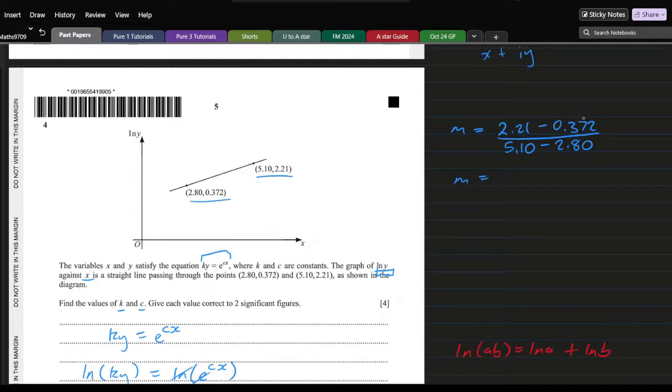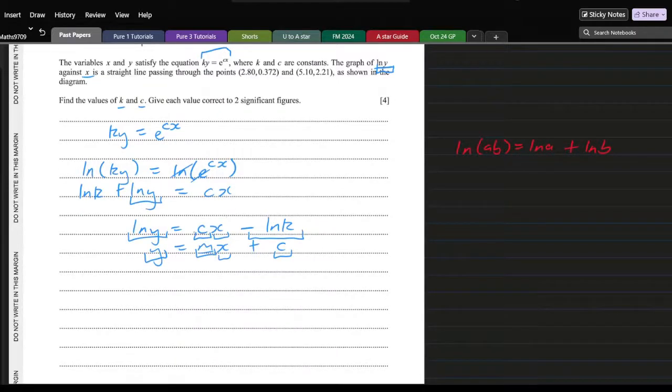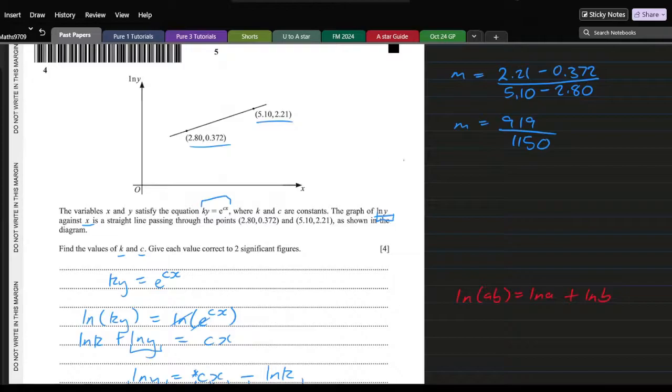That's 2.21 minus 0.372 over 5.1 minus 2.8. And that gives us 919 over 1150. And we said our gradient m is also equal to c. So it means we can say that our c is equal to 919 over 1150.